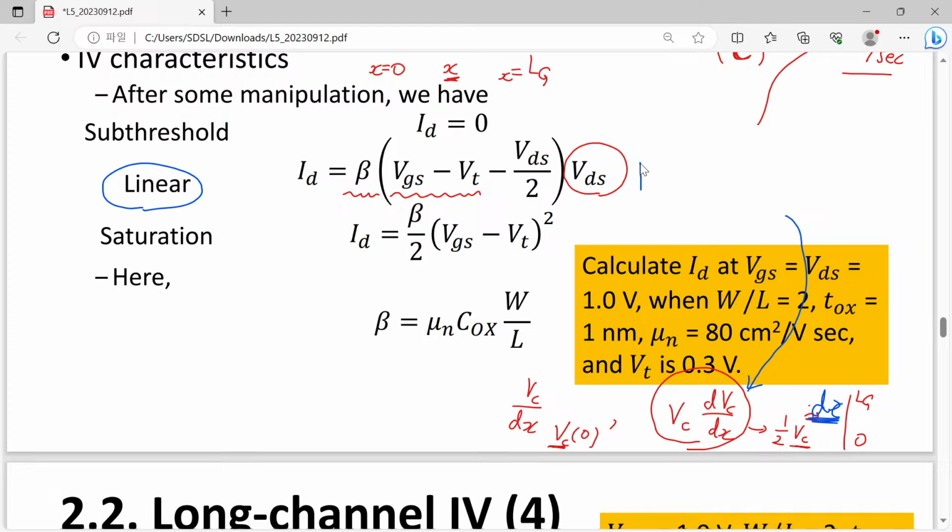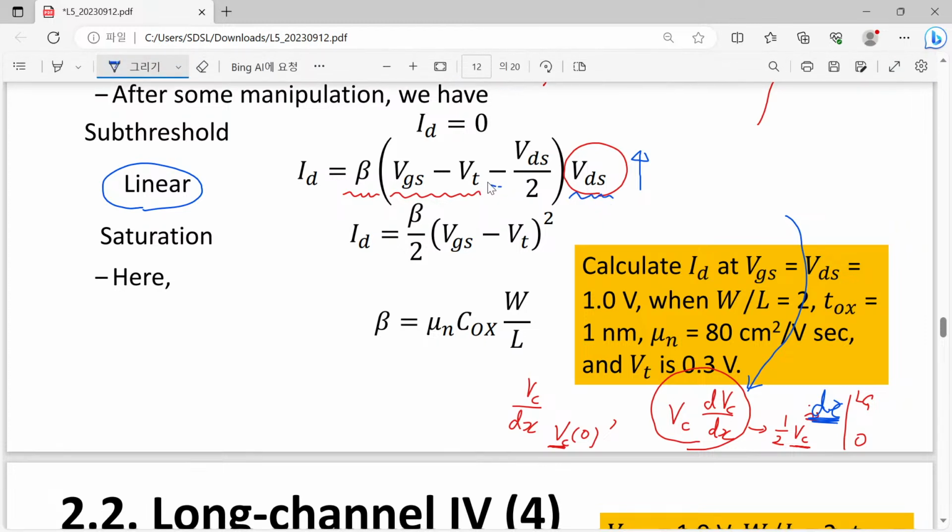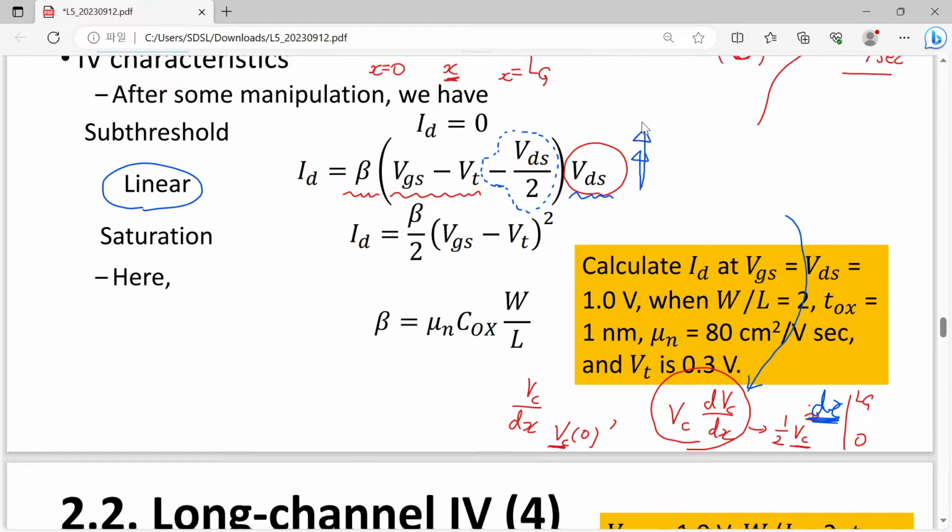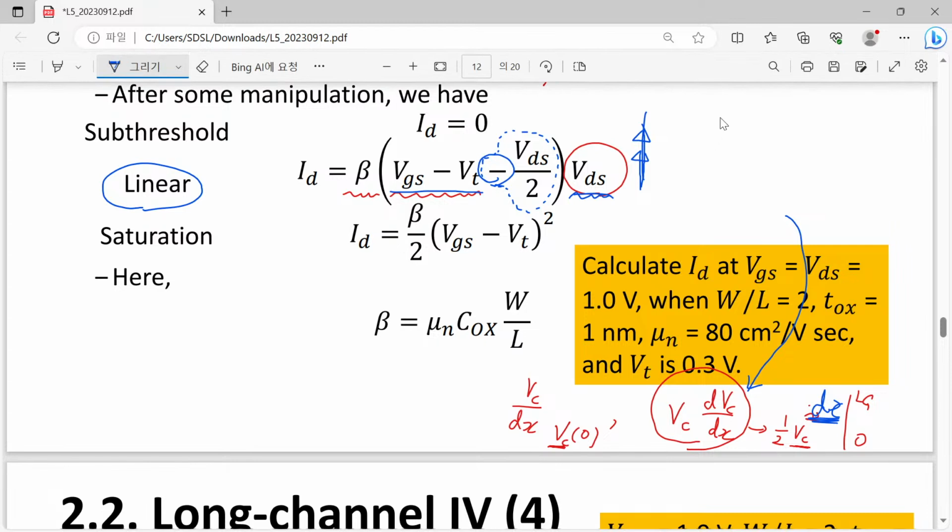If we increase drain voltage, of course this linear term increases. However, you also have to consider that we have a decreasing component, taking minus, and if you go to higher voltage, the first term increases linearly, but this negative term also increases in its magnitude quadratically. So eventually you can find that this will be drawn in such kind of graph.